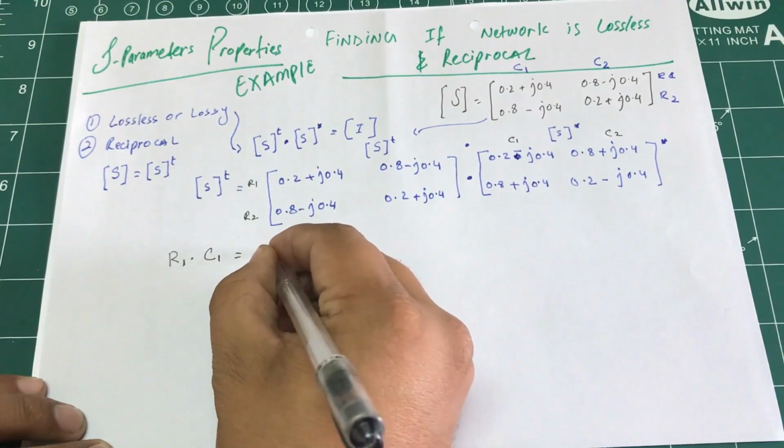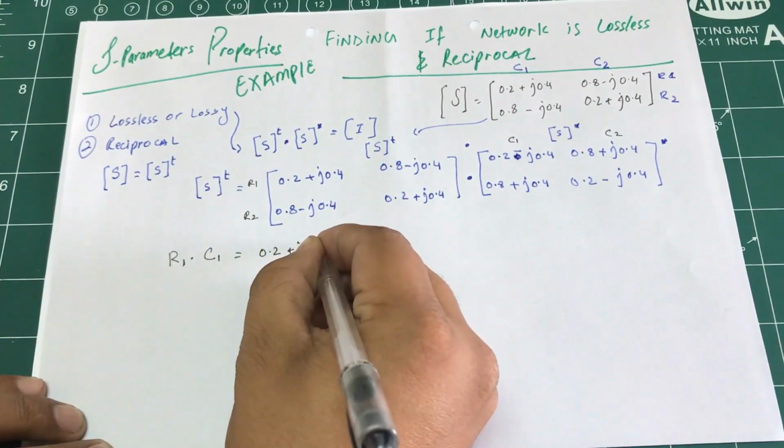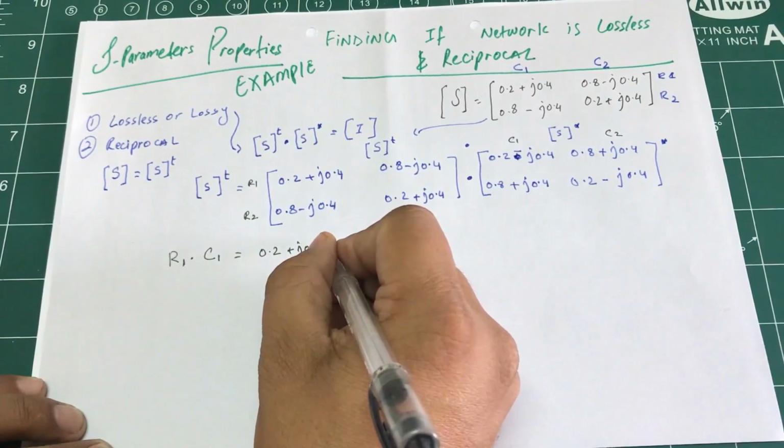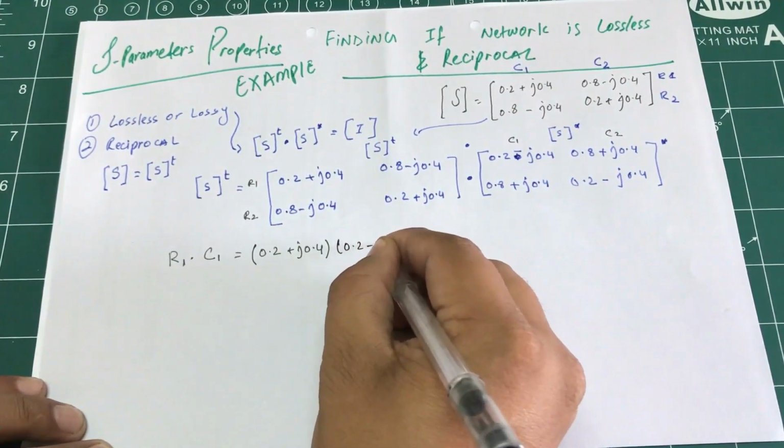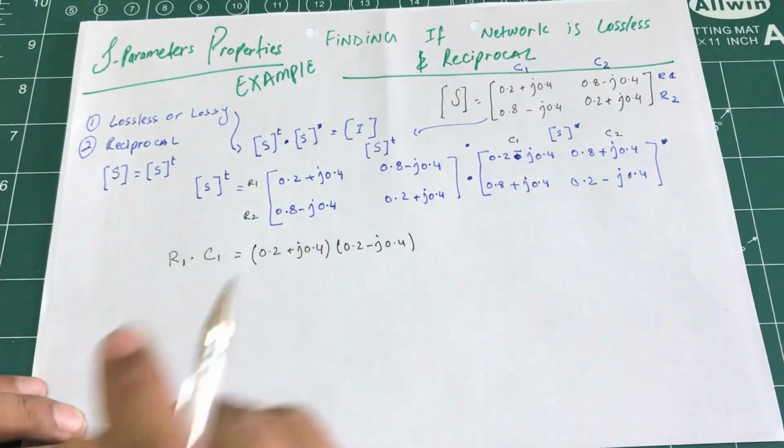So this is going to be 0.2 plus j 0.4 multiplied by 0.2 minus j 0.4.